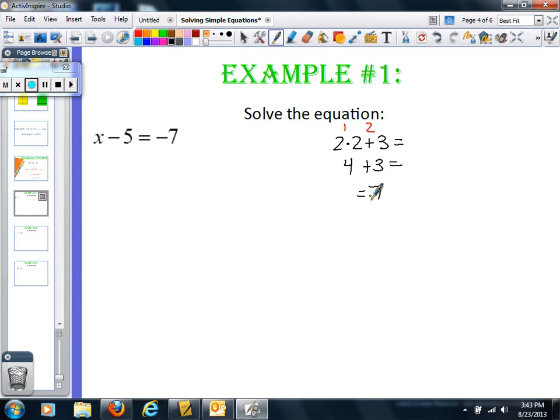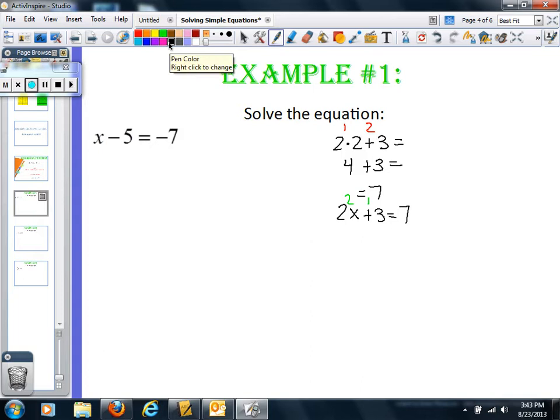For solving, I'm going to replace the 2 with an x, and I'm going to give it a value. For solving, you do it in the opposite order. So I would get rid of the plus 3 first, then I would get rid of the times 2 next.